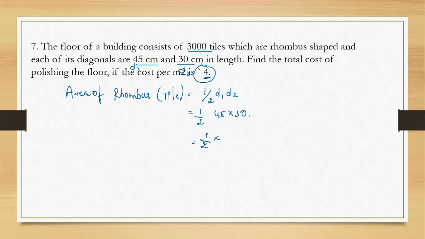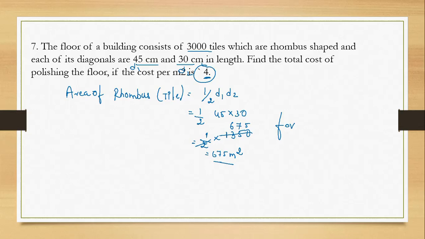Half into 45, 3 is 1 3 5 0, 2 6 0, 2 7 0, 2 5 0, that is 675 meter square. So for one tile it will take 675 meter square.